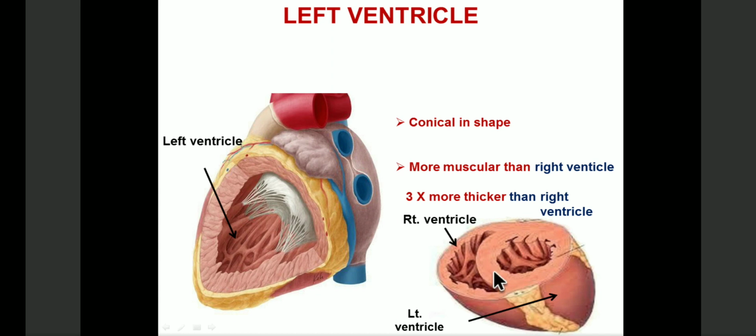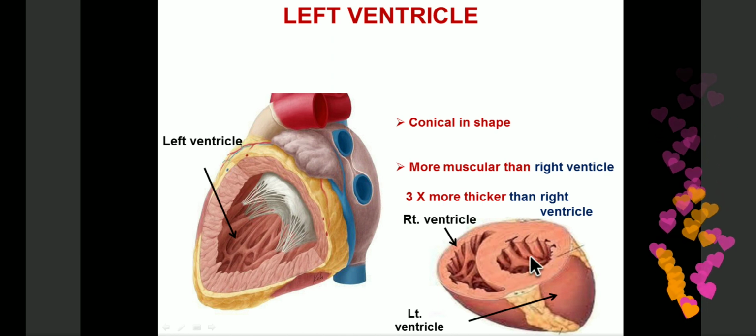Like the left atrium was thicker than the right atrium, very similarly, the left ventricle wall is much thicker than the right ventricular wall. It's almost 3 times the thickness of the right ventricle. Obviously, it needs more muscular tissue because it has to pump blood with pressure into the aorta so that the distribution of the oxygenated blood can take place to the body.